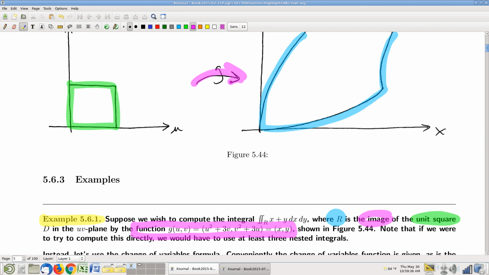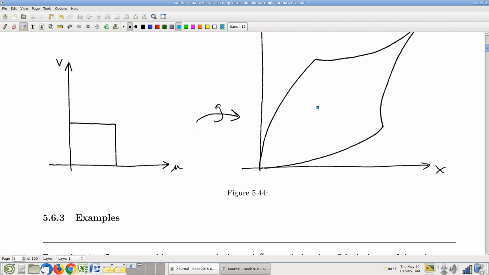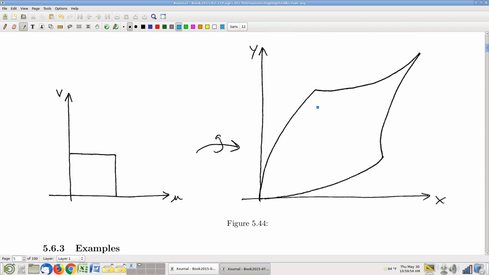The question is to consider this integral right here, looking at an integral of x plus y defined on this domain. And let's take a moment to recognize what a horrifying inconvenience that's going to be. Horrifying is an overstatement. But this is going to be inconvenient because no matter how you slice up this undesirable domain, you are going to slice through corners.